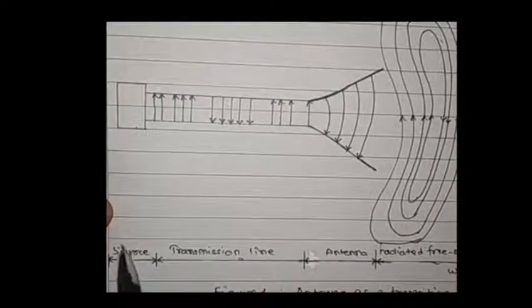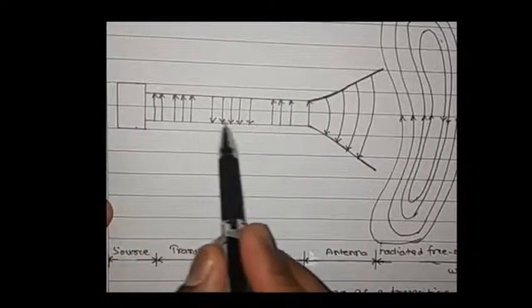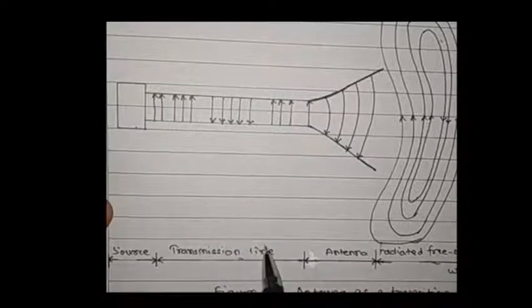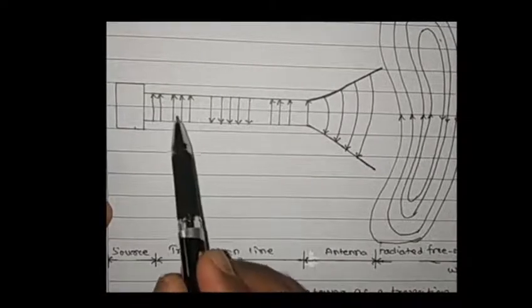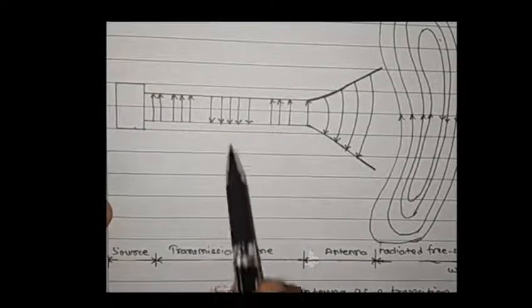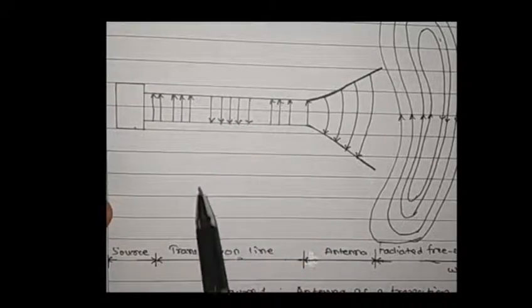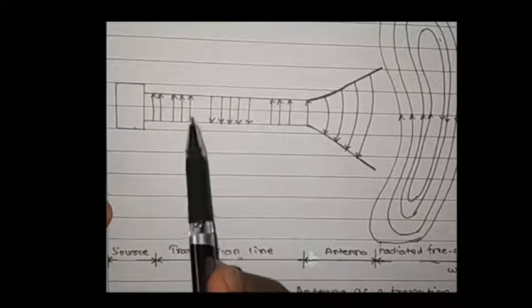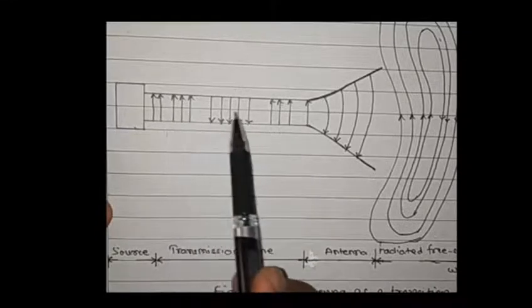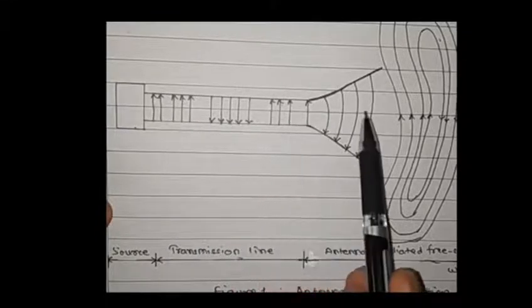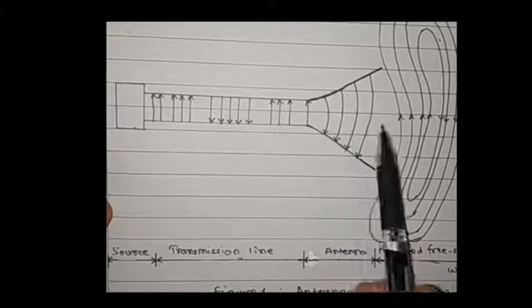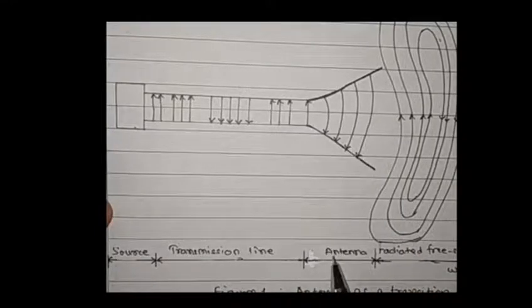This source produces an electromagnetic wave inside a transmission line. We studied the transmission line in unit number 1, and it can be in the form of a coaxial cable, a simple 2-conductor transmission line, or a waveguide. These electromagnetic waves travel further up to a transition structure called an antenna.